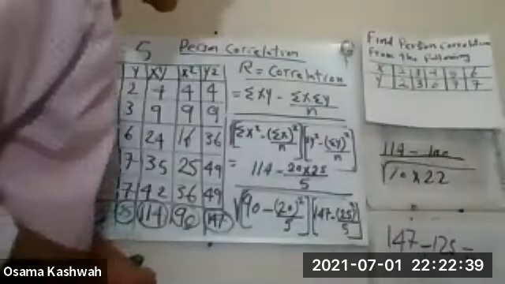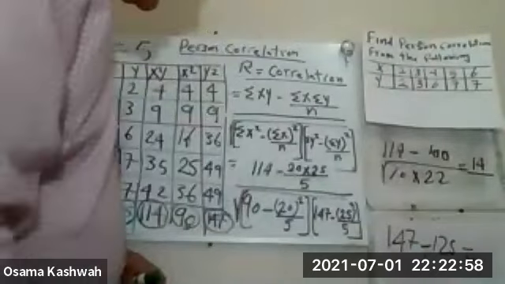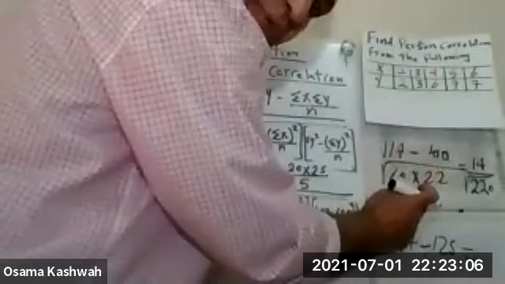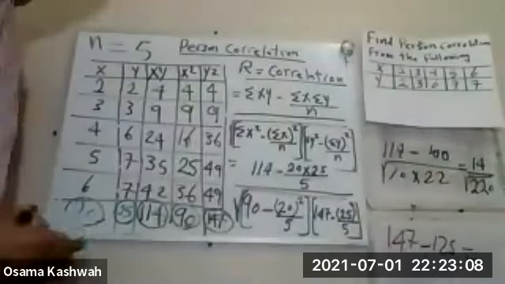So we are talking now about the amount here, which will be 114 minus 100. This will be 14 divided by the square root of 220. Why 220? Because 10 times 22 will give me 220.